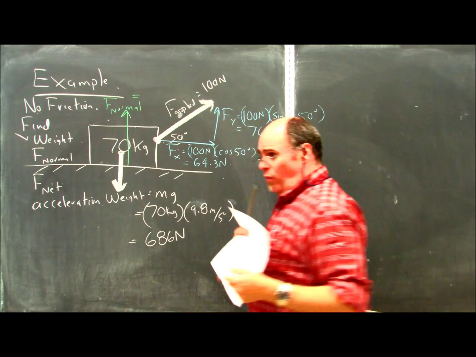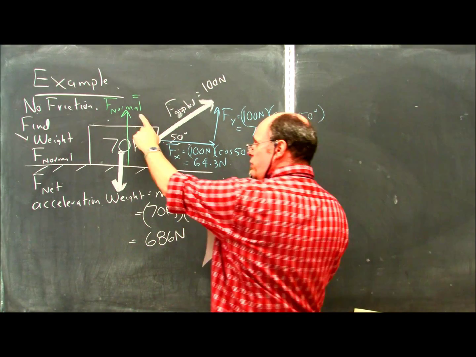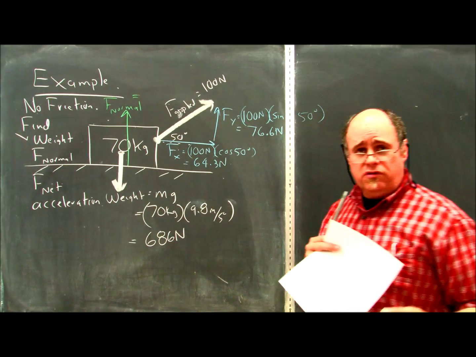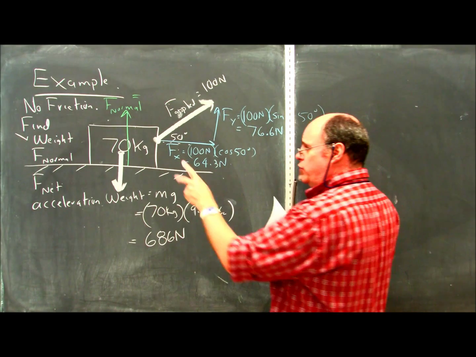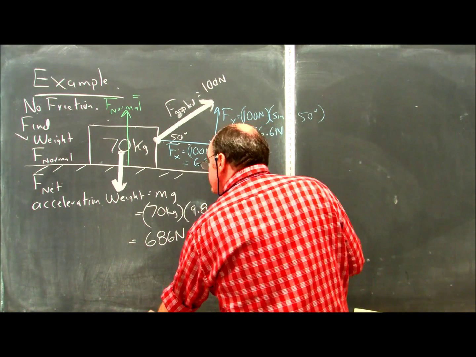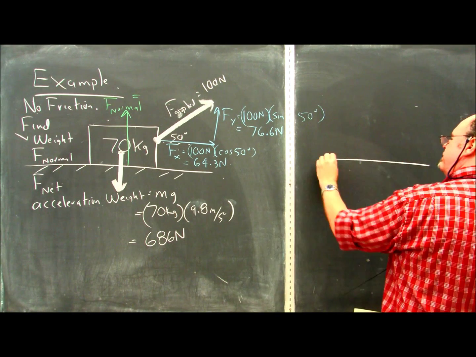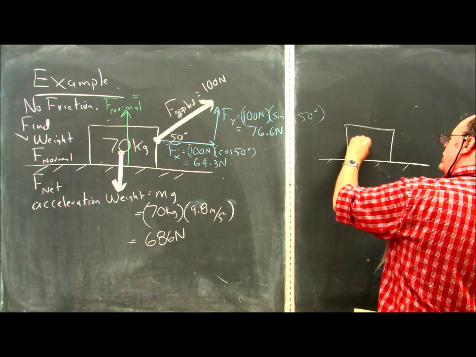And we don't know what that one is, and that's tricky for a lot of students. Many students think that that force normal is going to be equal and opposite to the weight, but it's not. Sometimes it is and sometimes it's not. So what I'd like to do is redraw this and come up with a simpler version of the free body diagram. So I'll draw the ground. I'll draw the box. I'll say it's 70 kilograms.